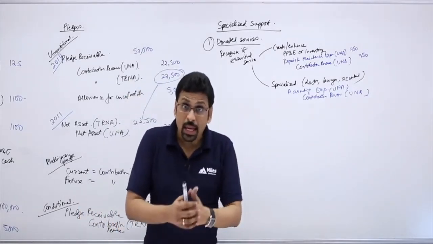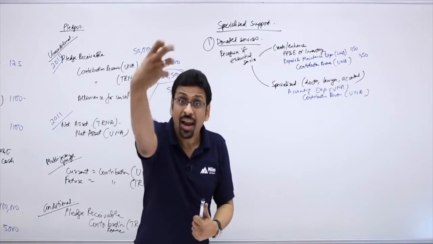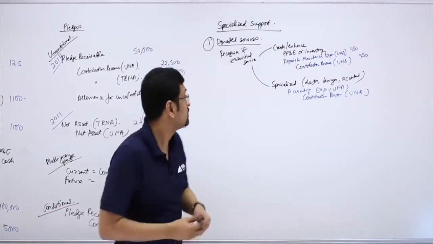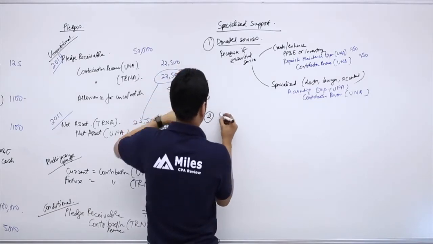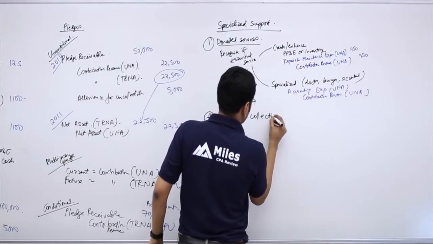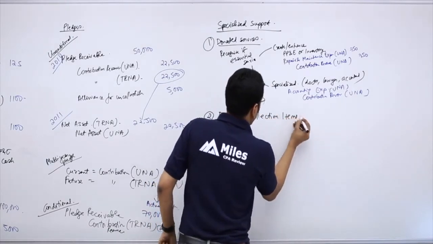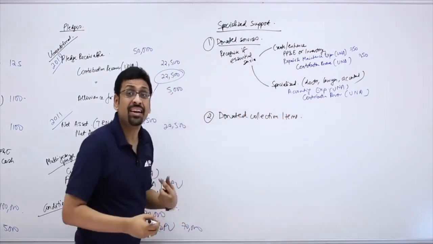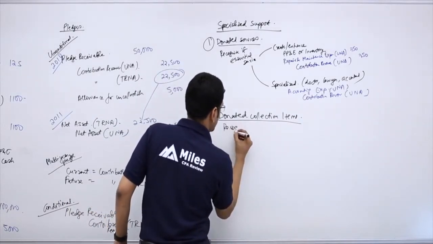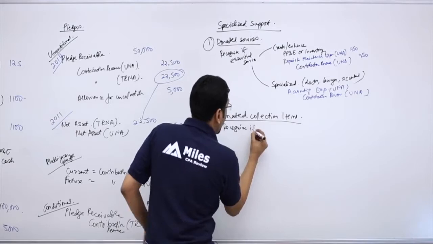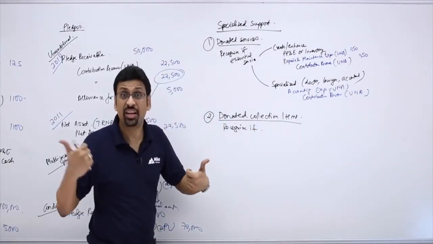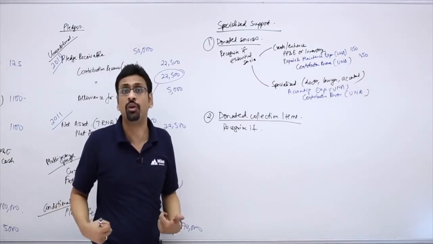Now let's say the NPO receives some donated collection items, some paintings, some artifacts. Now, this is recognized as contribution revenue only if the NPO has the right to sell this if it needs to and use the proceeds for whatever it wants.